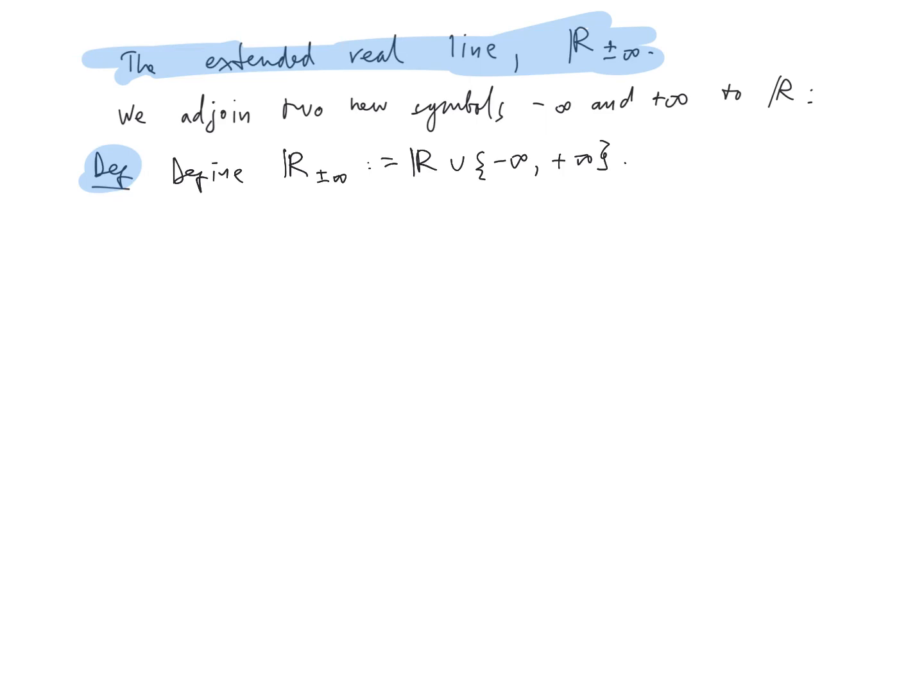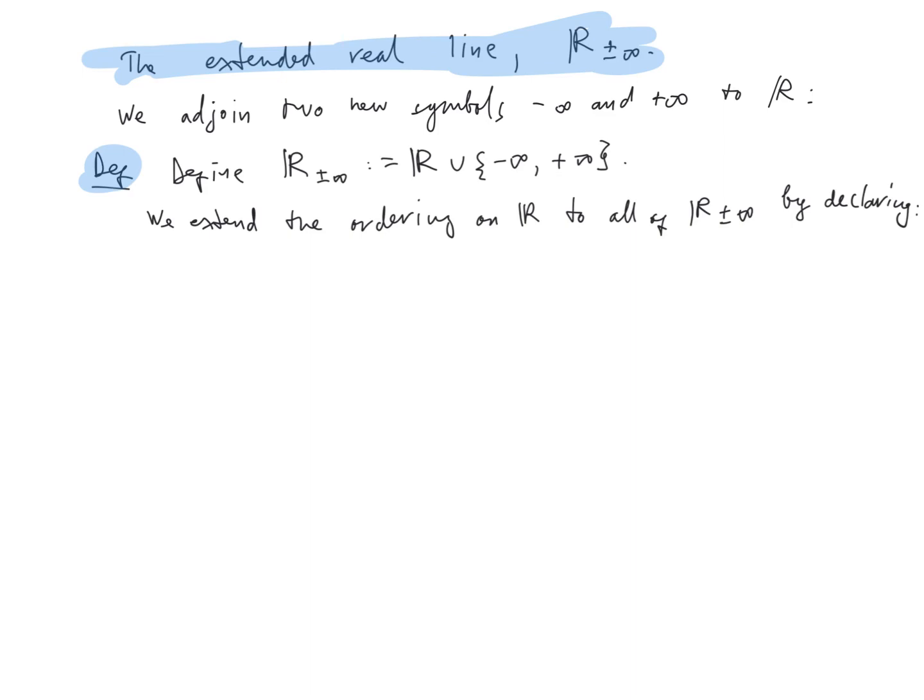Now we can also extend the ordering on the real numbers to this larger set, so to all of R plus minus infinity, by declaring how the elements of the set of real numbers compare to these new elements. So we have to be able to say for any pair of elements in this extended set which one is greater than the other one, or whether they're equal.